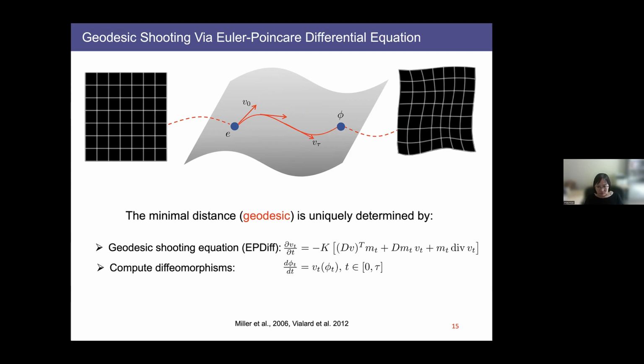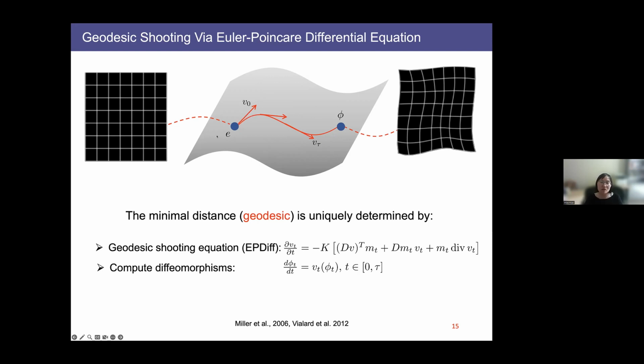This is typically formulated by the geodesic shooting equation, which we call EPDiff. EPDiff is a partial differential equation parameterized in the velocity space. The velocity you can think of as the tangent vector of the deformation fields, because the deformation is in the linear space.